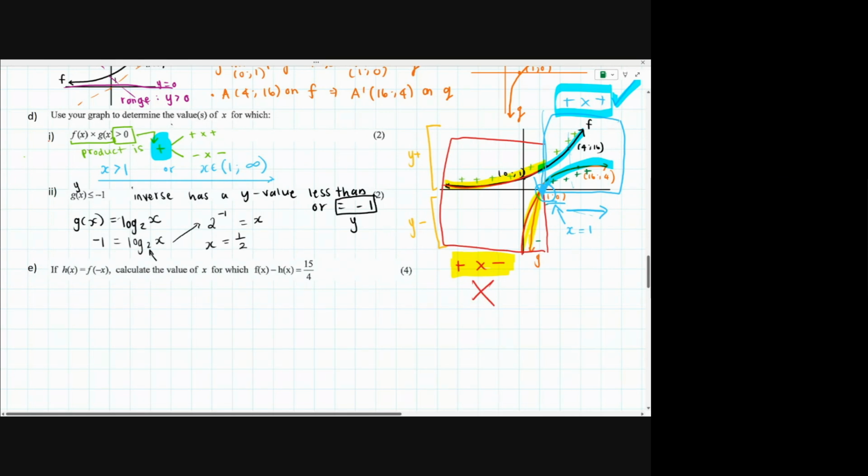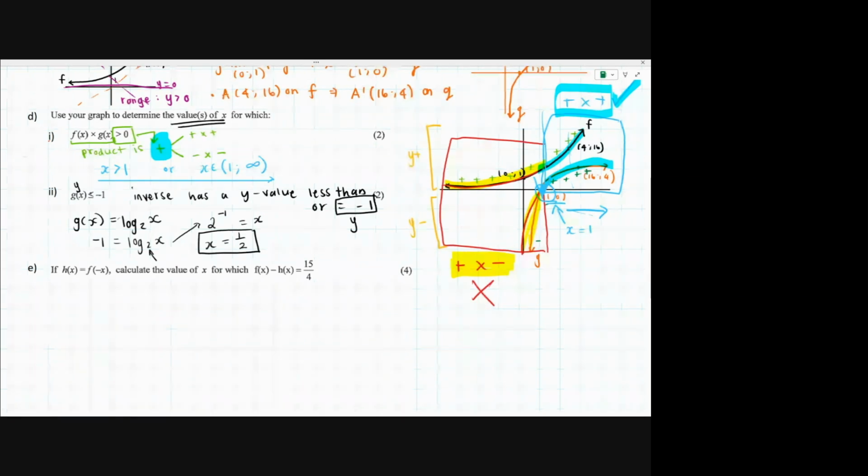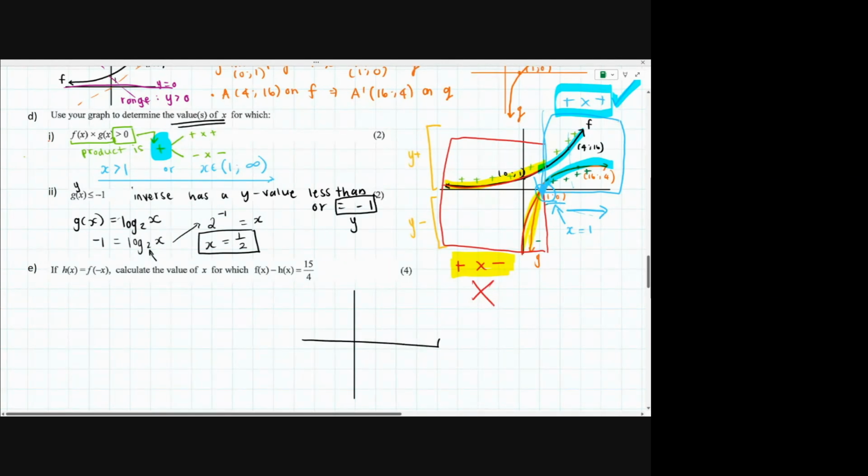The question said determine the values of x. I've got a value of x here. Now I just need to figure out which way my inequality should be for g of x to be less than or equal to -1. Now I'm going to make some assumptions here, so just bear with me. Because my graph is not drawn to scale, obviously I can't get it perfectly accurate, but we're going to be fine.